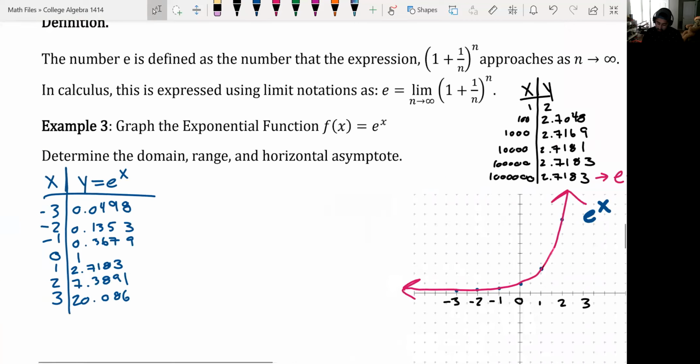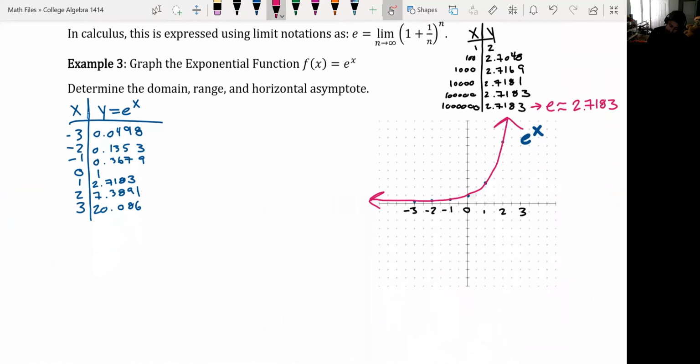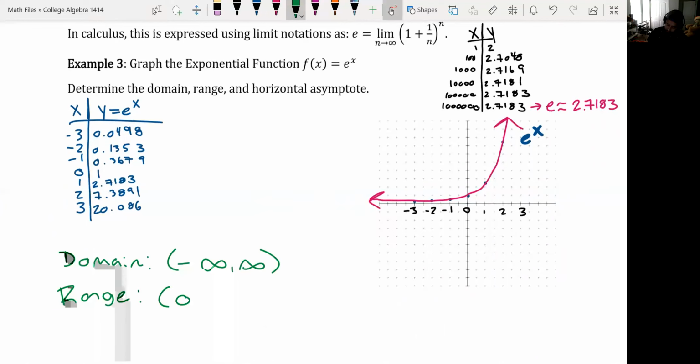Looking at the graph, your domain for e to the x is still all real numbers. Your range is still 0 to infinity. We'll never ever touch 0. And since we never touch 0, you'll get a horizontal asymptote at y equals 0.